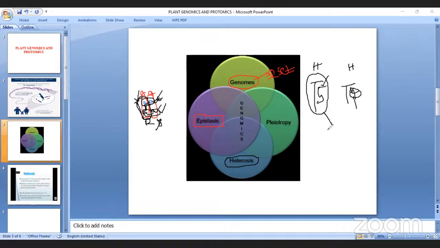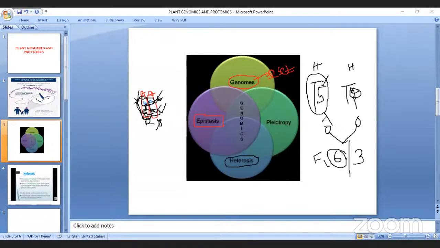Both produce gametes. Now fertilization occurs, and as a result, offspring of the F1 generation are formed. The F1 generation character may be 6 feet, or maybe medium, or maybe 3 feet.